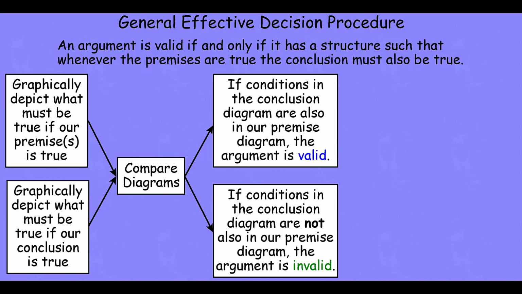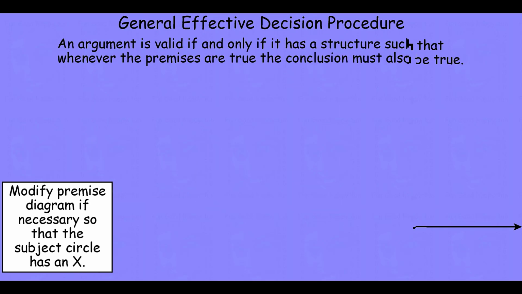In order to modify our Venn diagram technique to capture Aristotelian logic, we have to modify our premise diagram. We have to make sure that the subject class of our premise diagram has at least one member. That is, it satisfies that Aristotelian assumption. Why just the subject class? Why just the premise diagram?